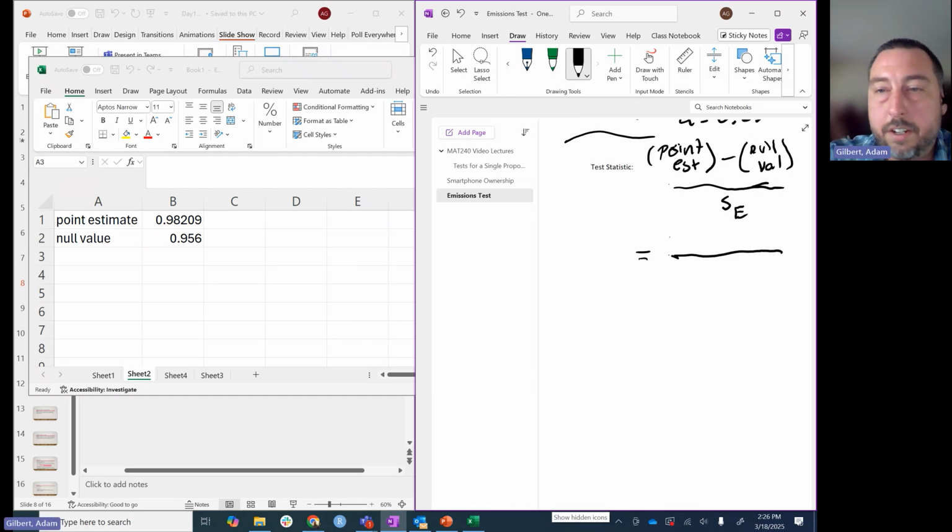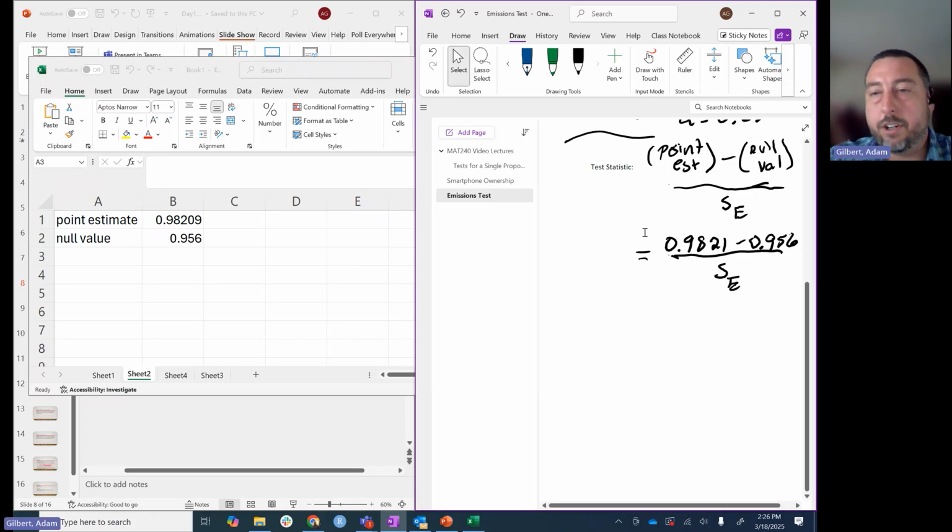We've got 0.9821 minus 0.956. And then we've got to identify our standard error. And so we'll go to the decision tree in order to do that.